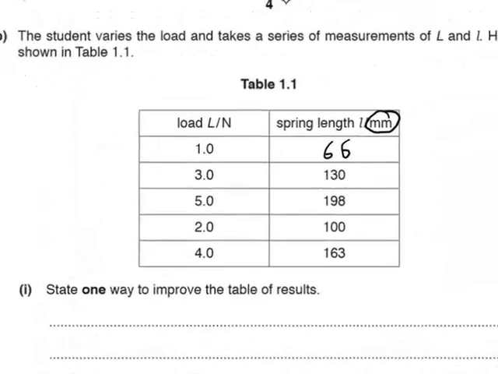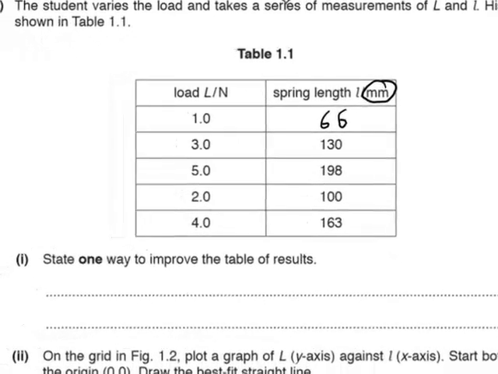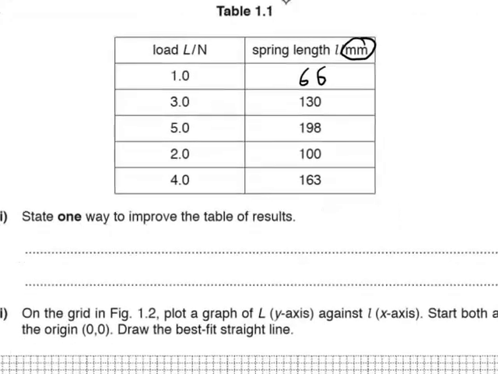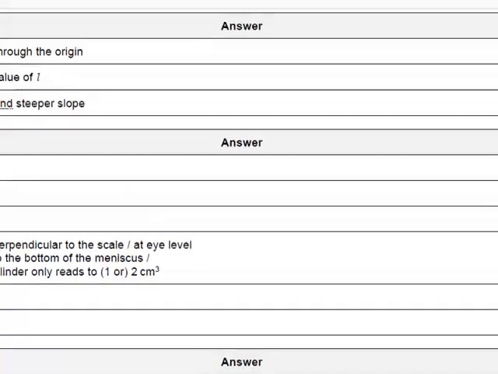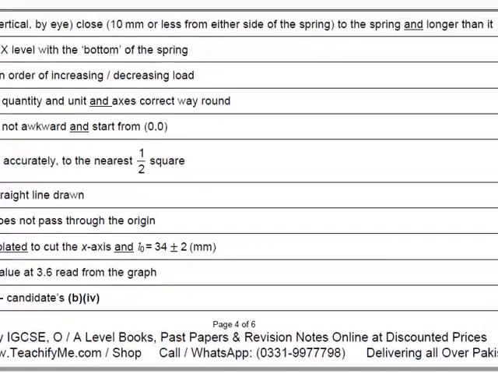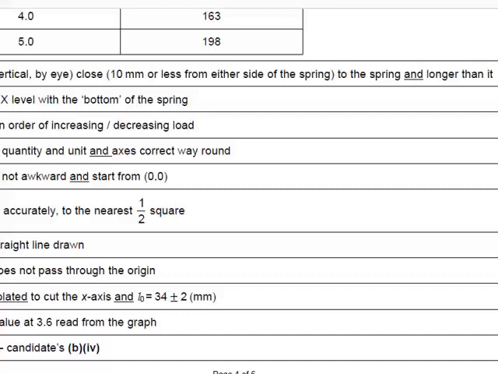Next one, complete the table. Once you have the table complete, you will notice that step one way to improve the table of results. Step one way to improve the table of results. Okay, somehow this one kinda needs to refer to the marking scheme. So the marking scheme here, how do we want to improve the table? Oh yeah, I think we need to have more readings, I think.